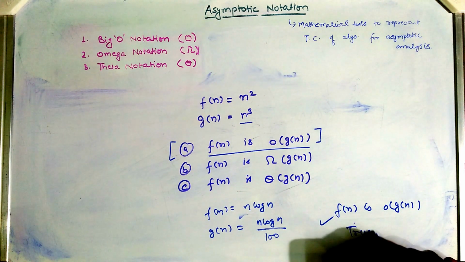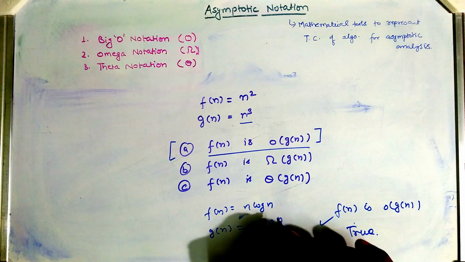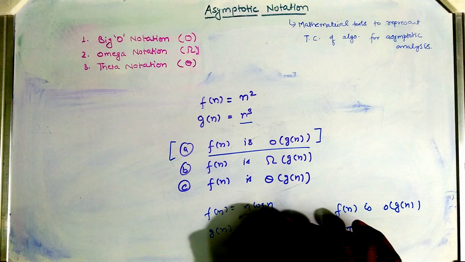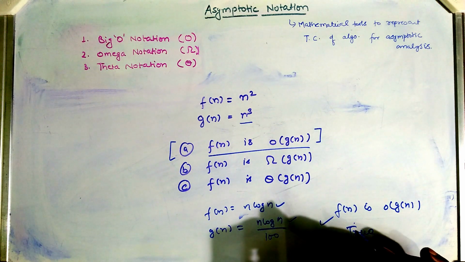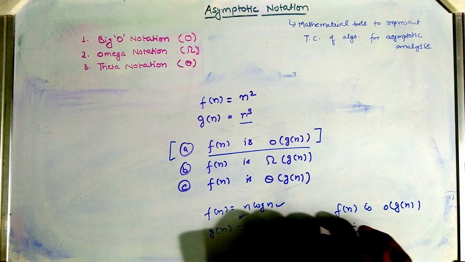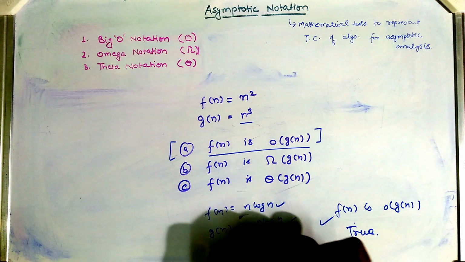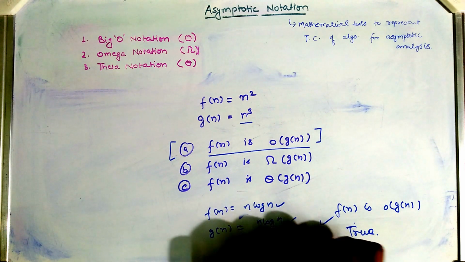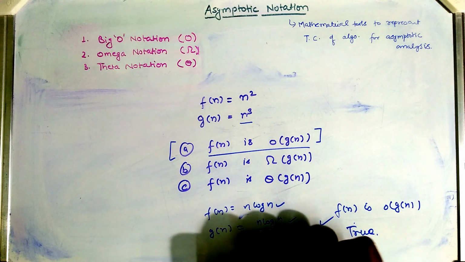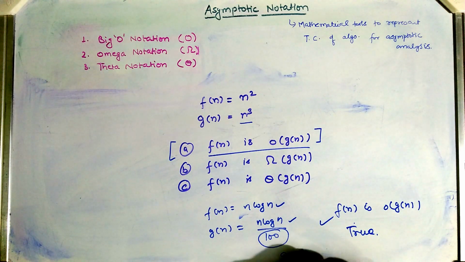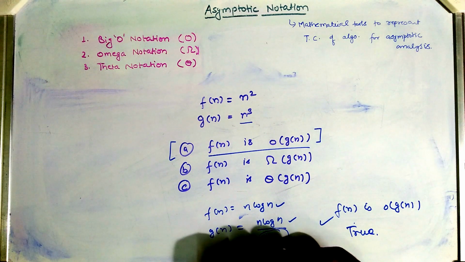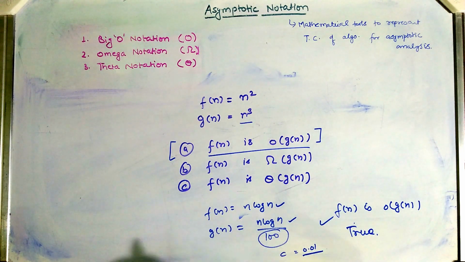This is true. Why? Because g(n) is nothing but n log n multiplied by some constant c, where c here is 0.01. So for this constant c, f(n) is order of g(n).